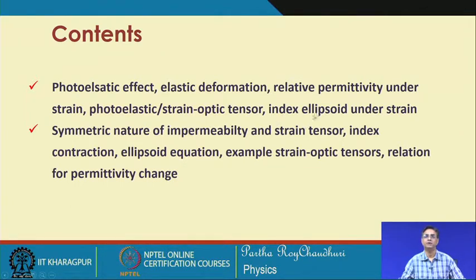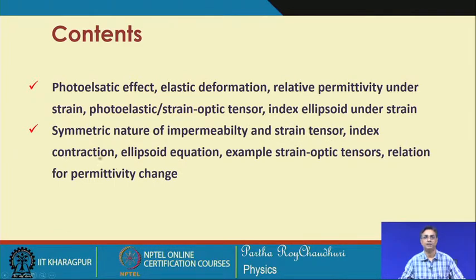Then we will look at the index ellipsoid without strain, without the presence of the acoustic wave, that is the natural refractive index of the medium, and then we will see how this index ellipsoid is modified under the strain. We will see the symmetric nature of the impermeability tensor and the strain tensor put together.